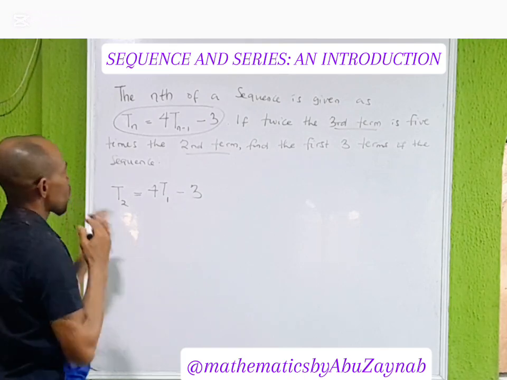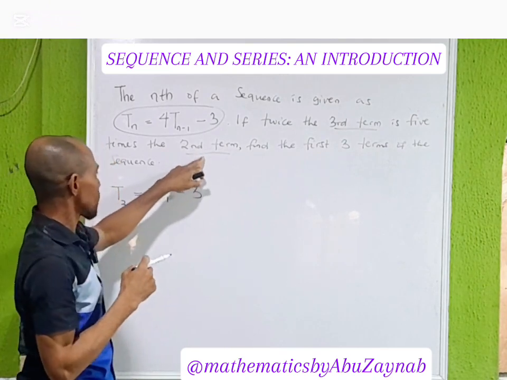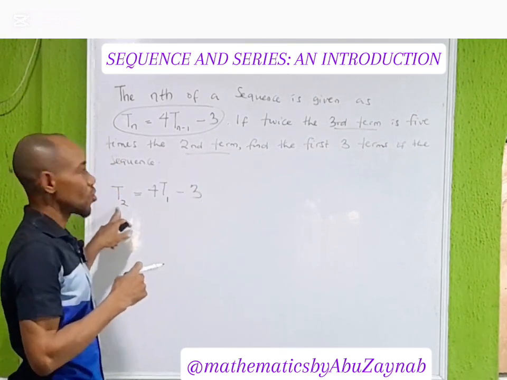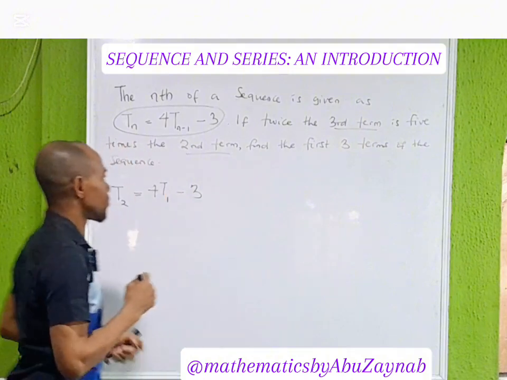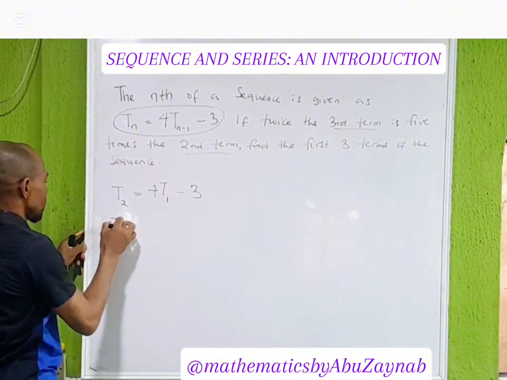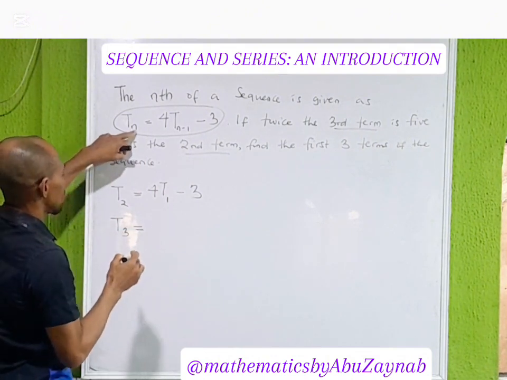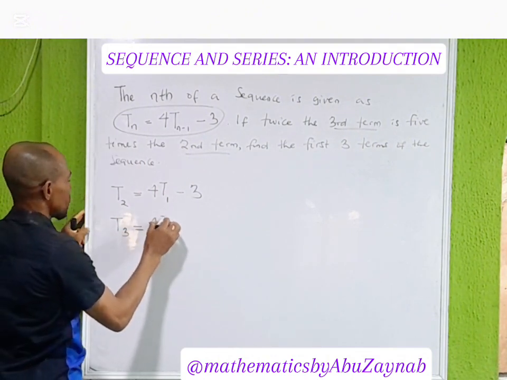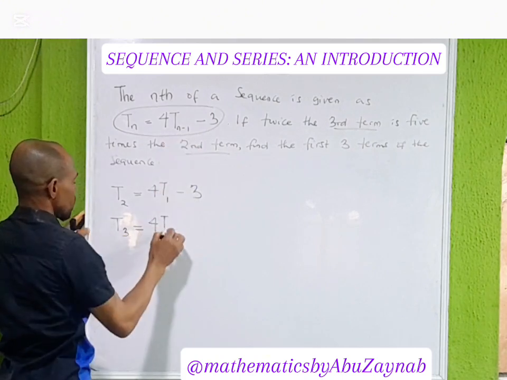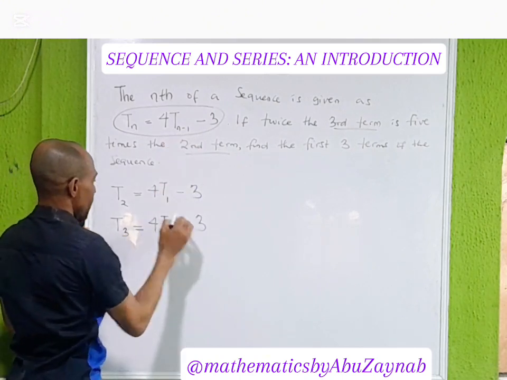Okay, then what is, we are requesting an expression for the second term, T2. What about the third term? The third term is actually T3 equals, using the same formula, 4 T2 minus 3.